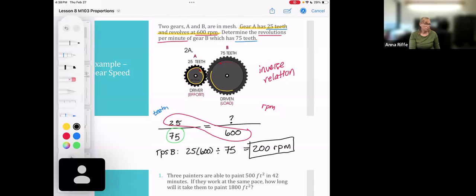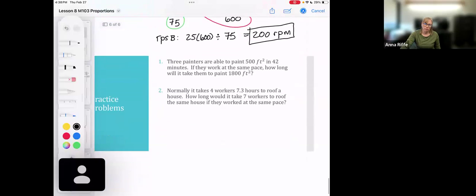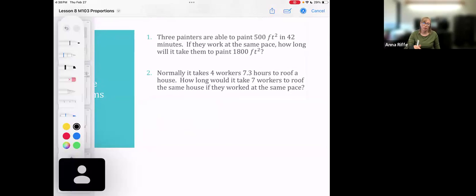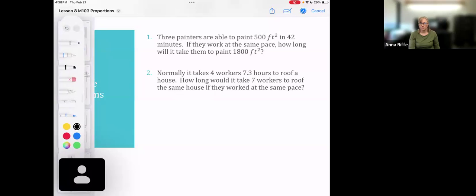Let's do a couple more. And yeah, a bicycle is a good model for that. So as you change one gear on a bicycle, that'll cause you to go faster, slower.